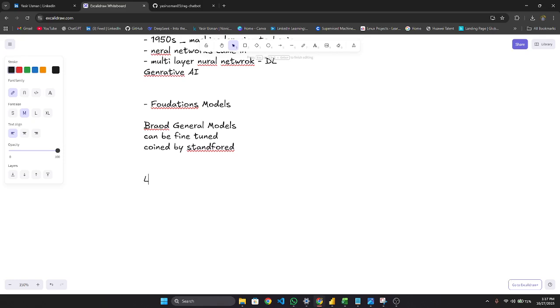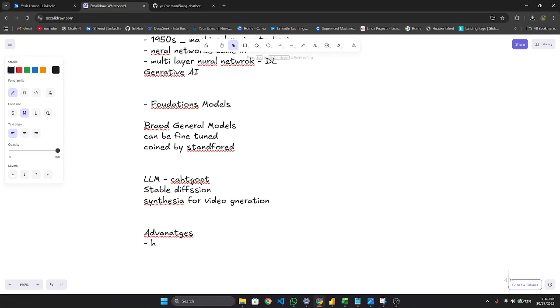Examples would be a big LLM like ChatGPT, Stable Diffusion, or Synthesia for video generation. Why should we use a foundation model?